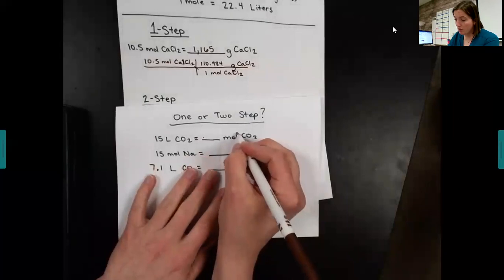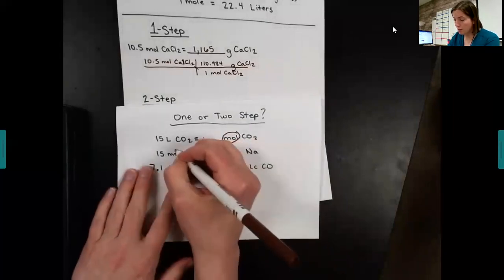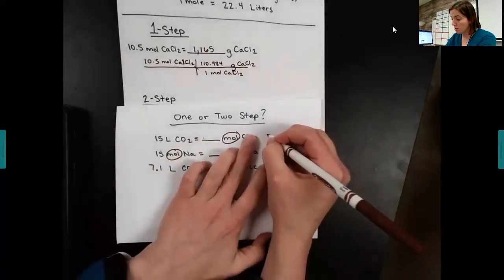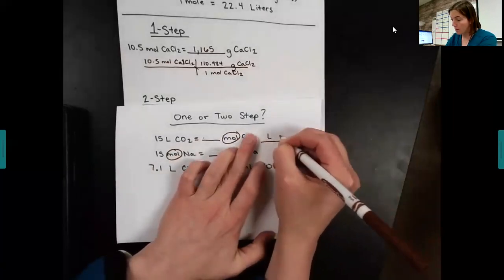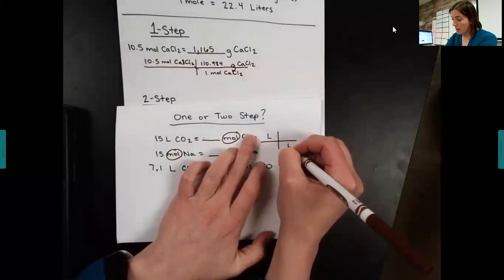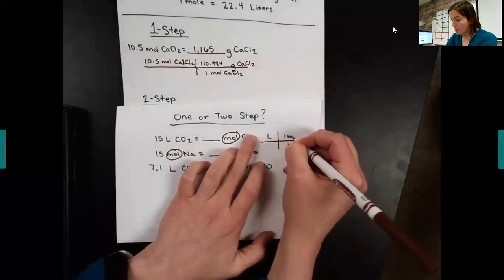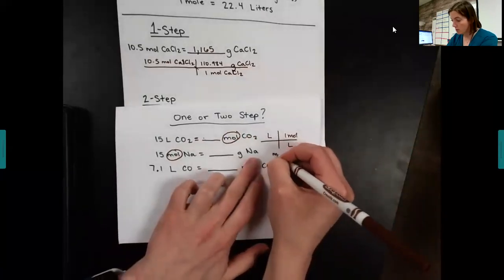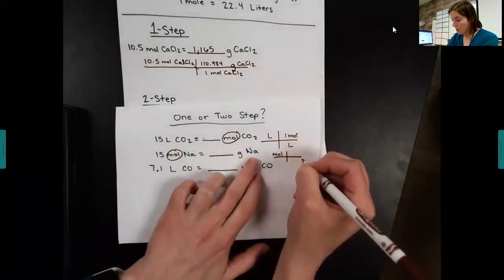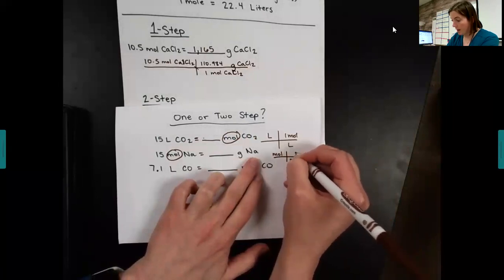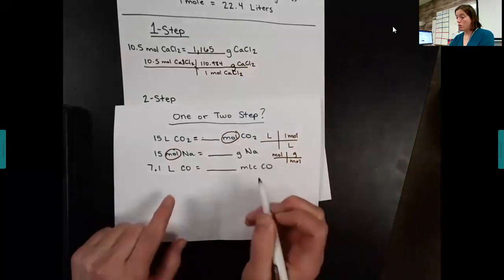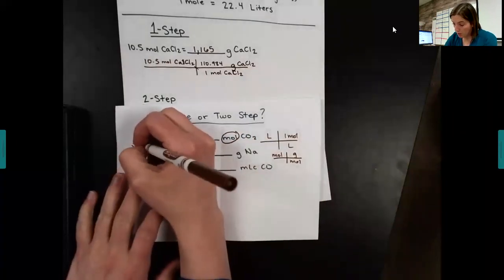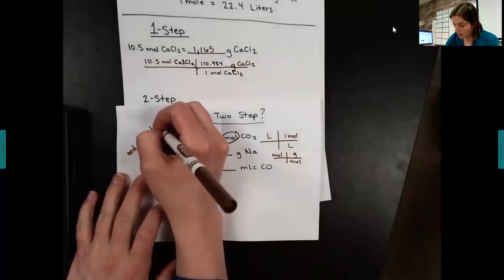If it gives you moles in the problem, that's a one-step problem because you're going to start with the liters or with the unit they give you, and then you're going to convert it to moles. Or if you start with moles, then you're going to automatically convert it to what they give you. So if you see moles in the problem, moles equals one step.